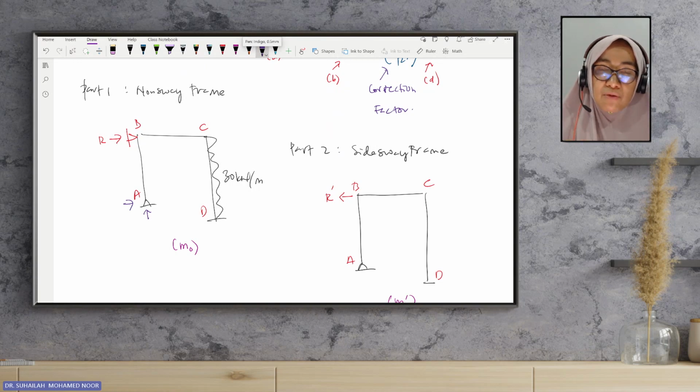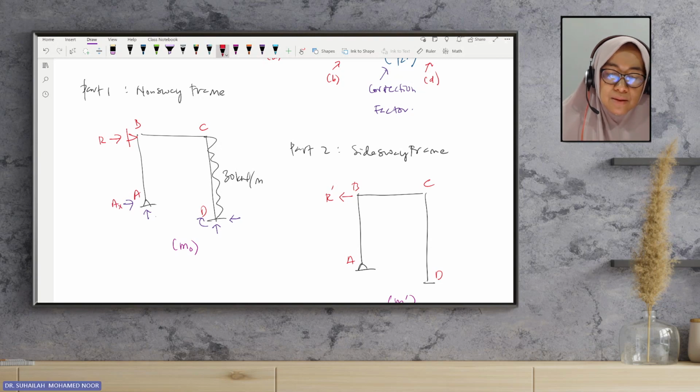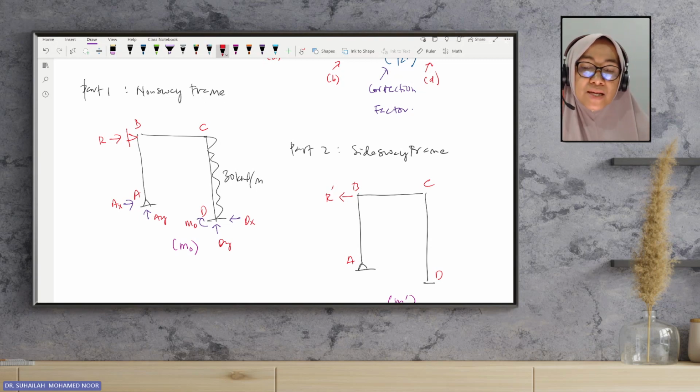This is a pin. For the fixed support, we label the free body diagram with the moment. This is fixed. So this is AX, AY. This is MD. This is DY. This is DX.